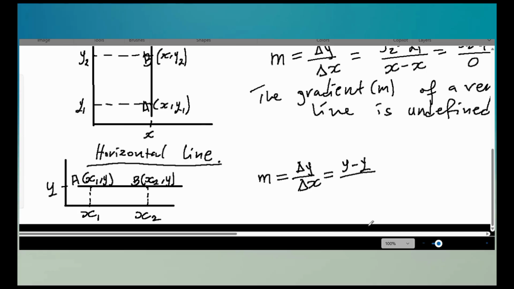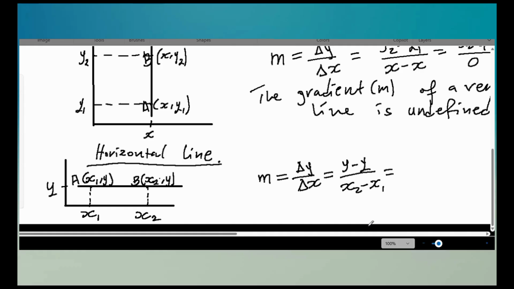Okay? But for the change in the x, which is the run, you're going to have x2 minus x1, right? So just as I was saying, if the y is 2, then at point A, the y coordinate is going to be 2.